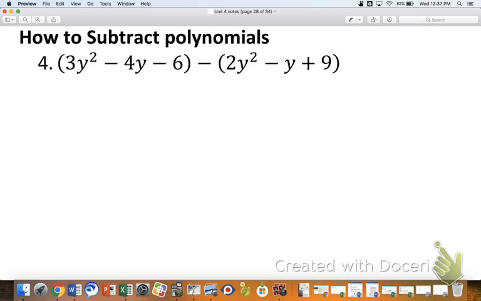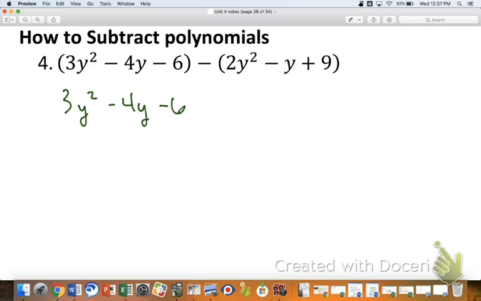The first polynomial, all you really have to do is drop the parentheses. So that's what we do: 3y squared minus 4y minus 6. Now the second one is different because we're not adding, we're subtracting. The question is, what is it that I'm subtracting? Am I subtracting 2y squared minus y plus 9, or all of it? The parentheses tell me it's all of it.